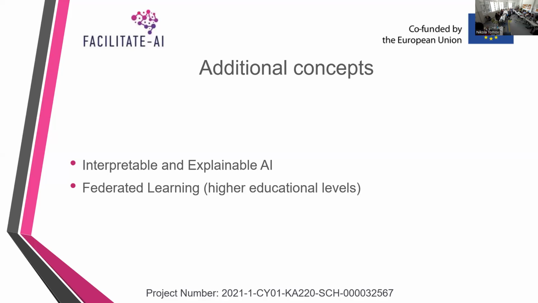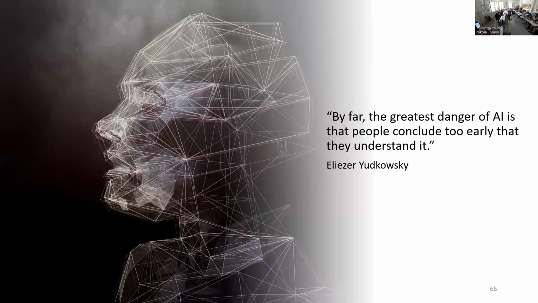So this is all I wanted to say as a first glimpse on AI models. And just to conclude, from my point of view, it is very important to think about it. It is a great danger that people conclude too early that they understand. So none of us will become expert.